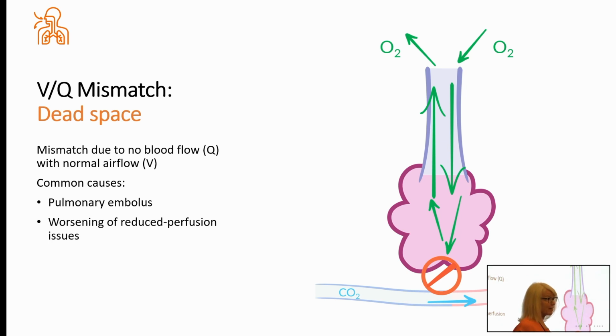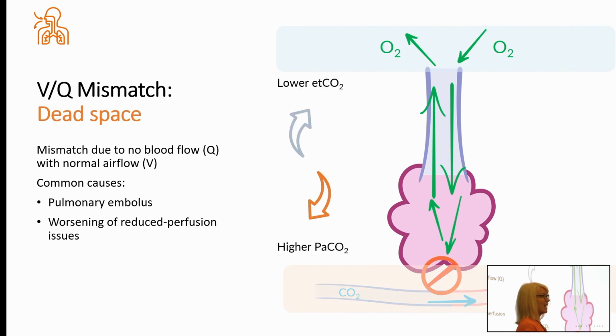CO2 can't get out of the blood to get into the lung to be exhaled. As you may have guessed, again, you're going to get an underestimation of your CO2 if you're just looking at your end-tidal value. So in all cases of ventilation perfusion mismatch, whether they're from ventilation or from perfusion, or most likely a combination of both, your end-tidal value is going to underestimate your true arterial CO2 value.